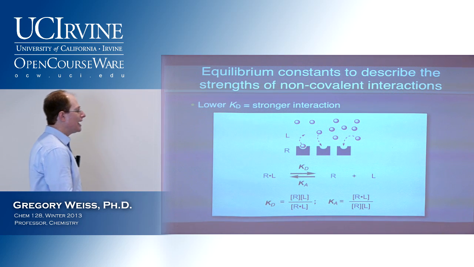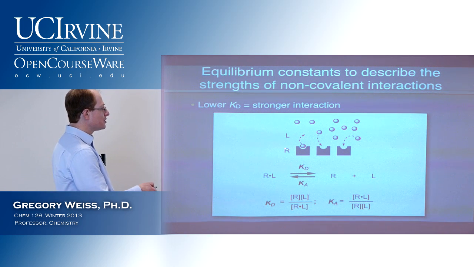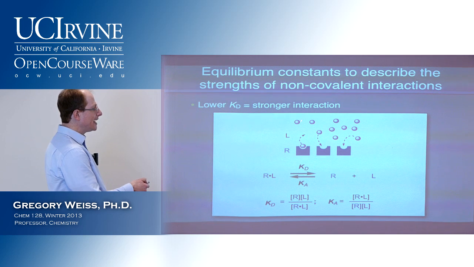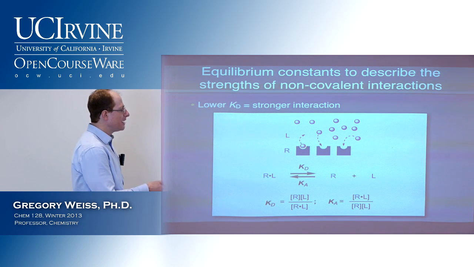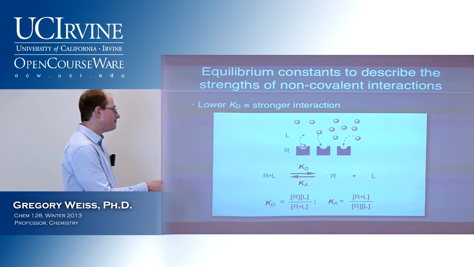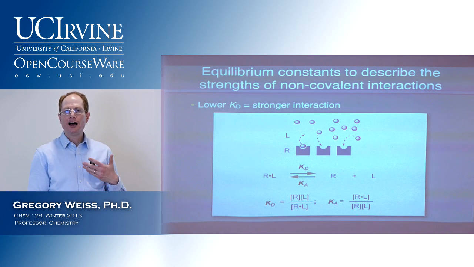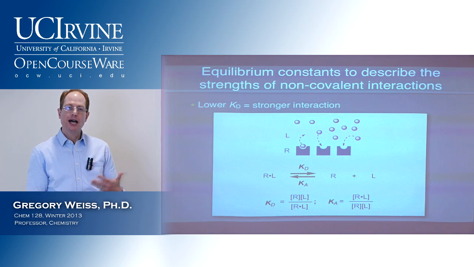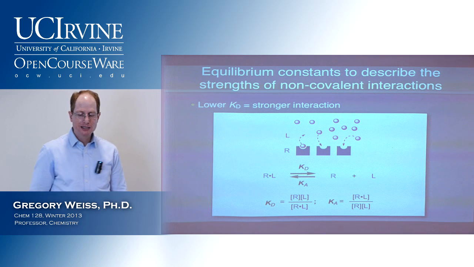The first of these is used to describe the strength of a non-covalent receptor-ligand interaction, where the receptor is indicated by R and the ligand is this little sphere indicated by L. Now, if you have a bunch of receptors on the surface of the cell that want to bind to ligand, the ligand is going to hop on, hop off, hop back on, hop back off. So we need some way of describing the occupancy. How many of the receptors are actually bound to the ligand? How many of the ligands are free in solution?